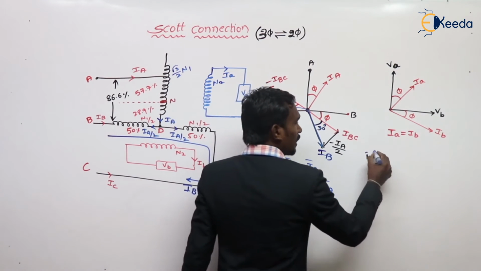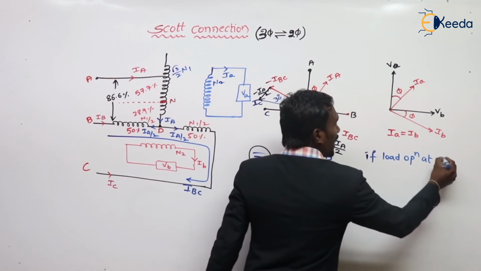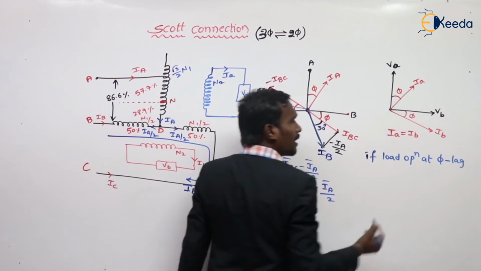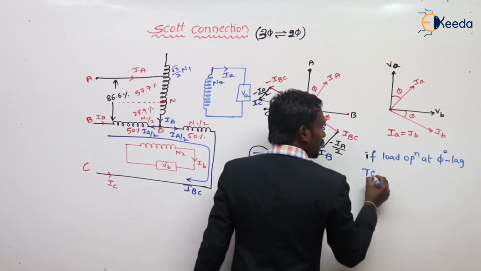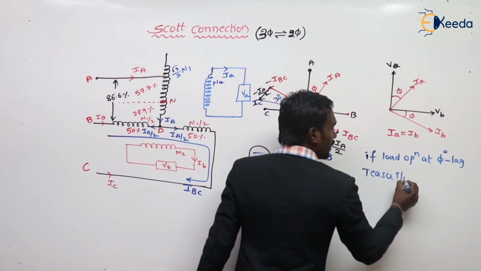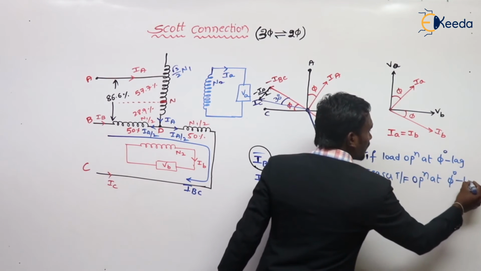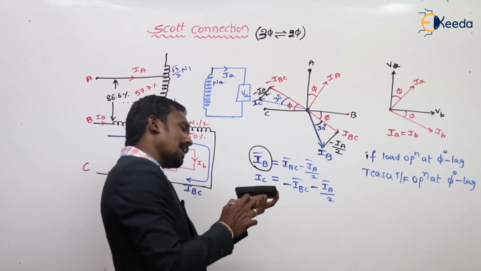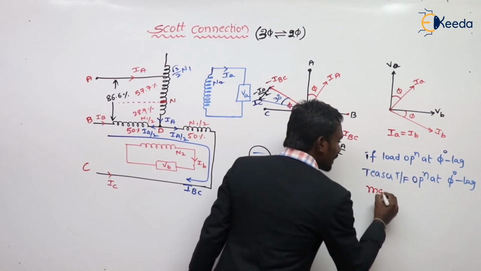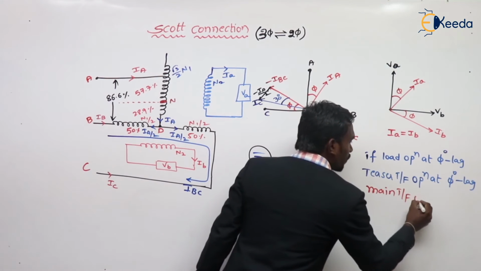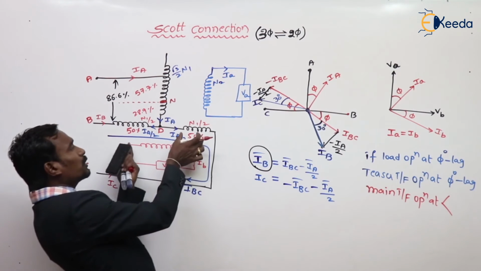If the load is operating at 5 degrees lagging, then the teaser transformer operates at 5 degrees lagging. The main transformer has two parts.